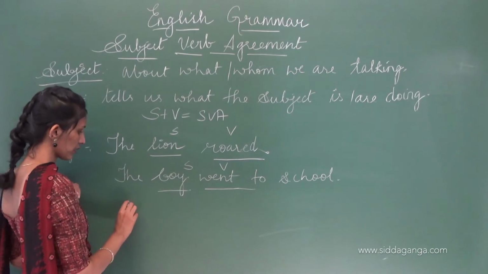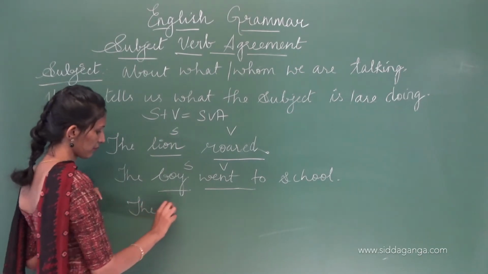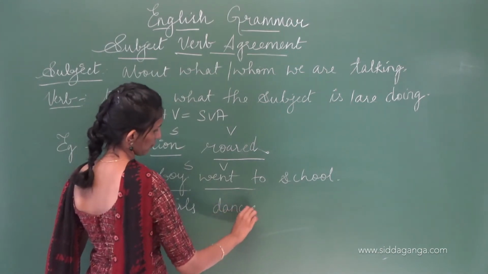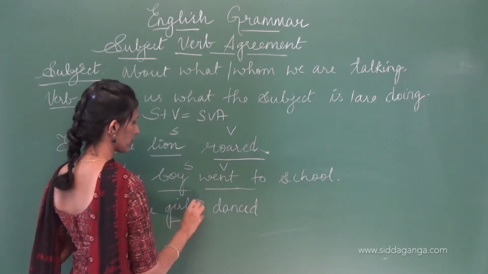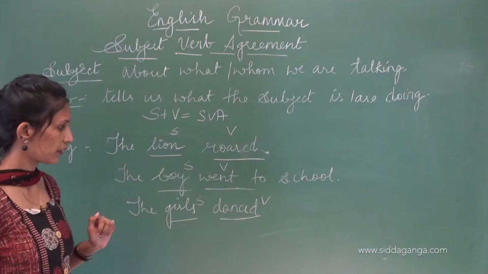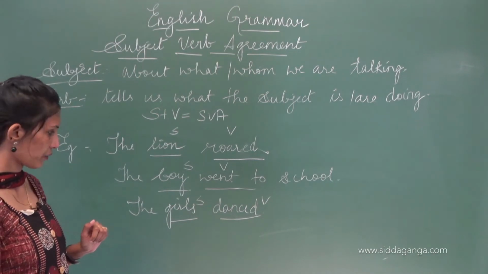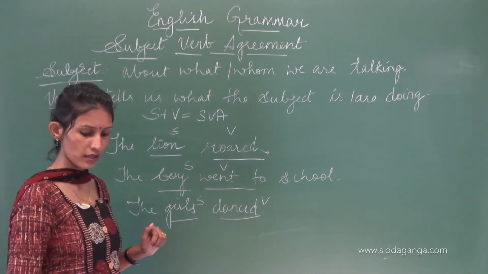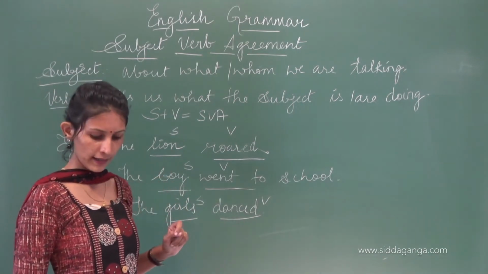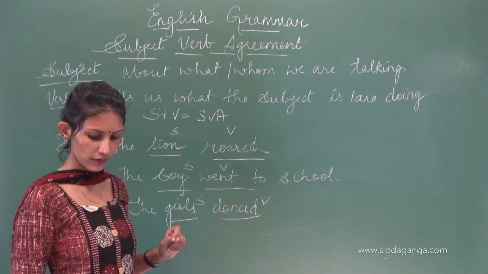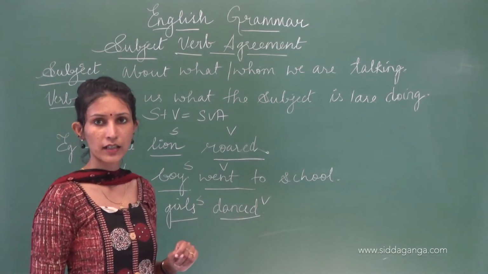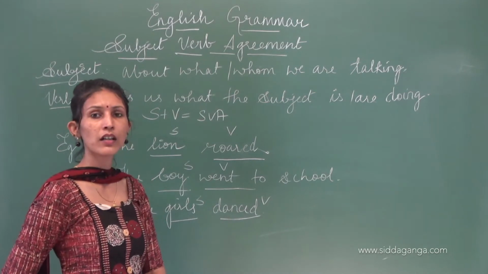The girls danced. Girls is the subject, danced is the verb. Now in case we say the student is writing. The student is writing. The student becomes the subject.